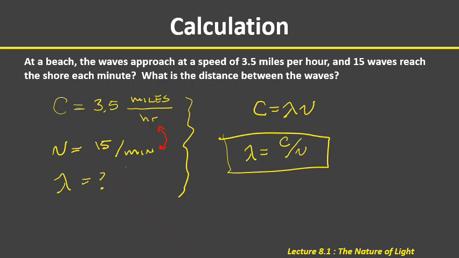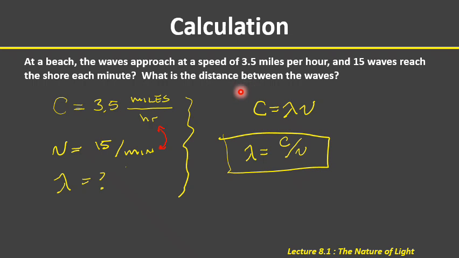We've got our speed in miles per hour and our frequency in minutes. So we need to convert to get those to the same units. We've got to do that or else they're not going to cancel out properly. I'm going to deal with this also, because the question is asking what's the distance between the waves.